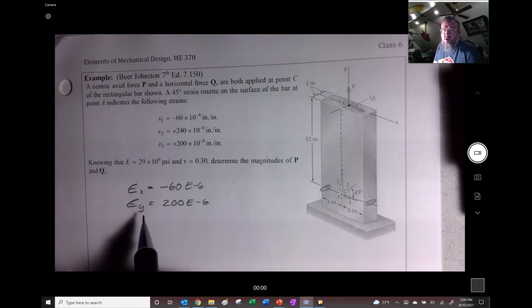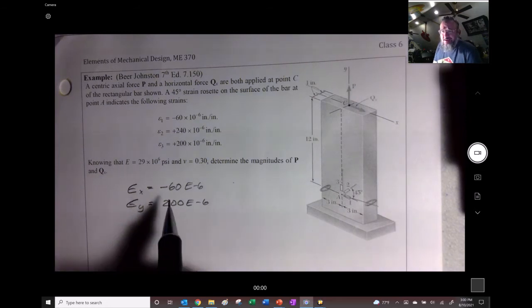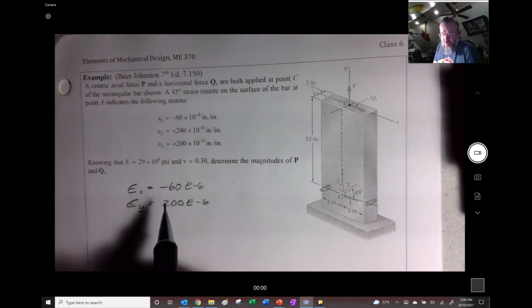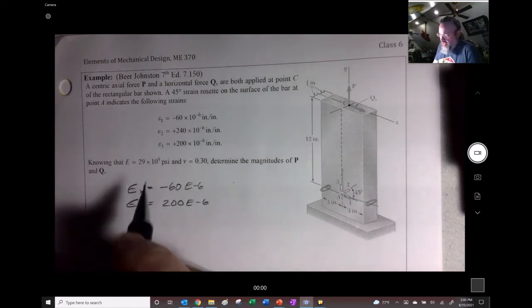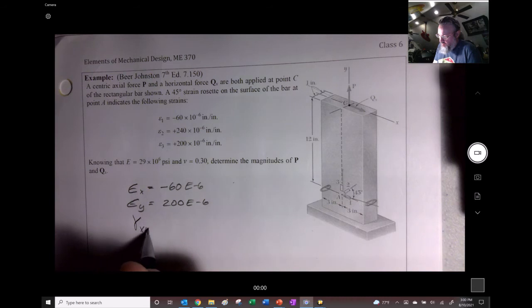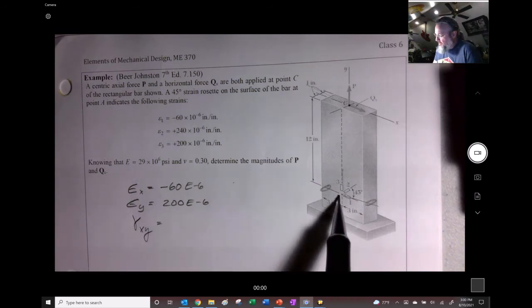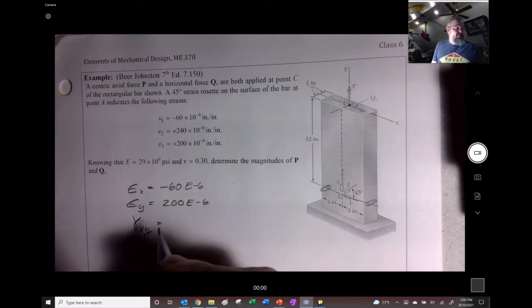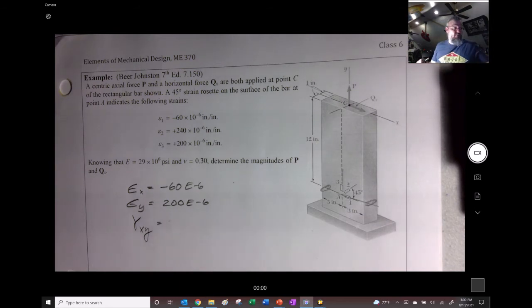And if we look through our notes, we did an example, one of the very first examples, of our transformation, that showed that gamma xy, when you had an orientation where the gauges are 90 and 45 from each other, ended up having a relationship. I think I moved it over there.